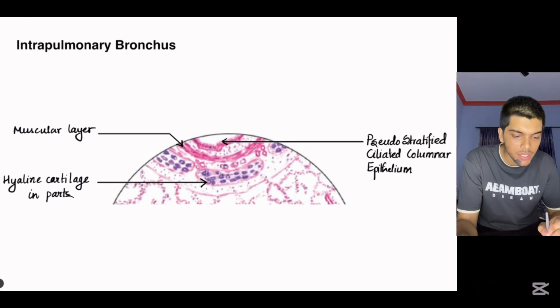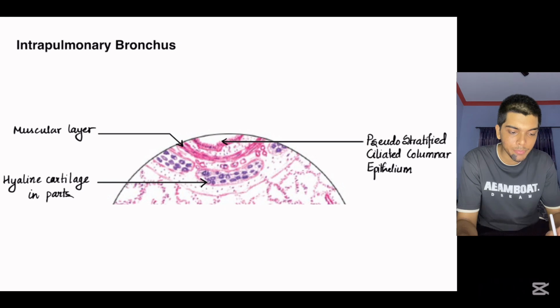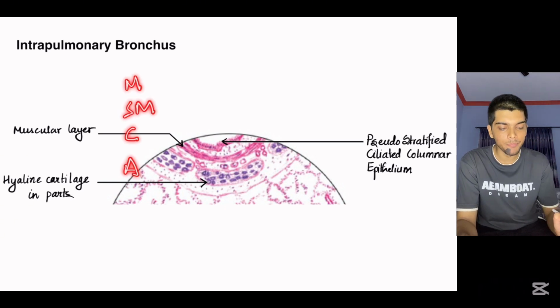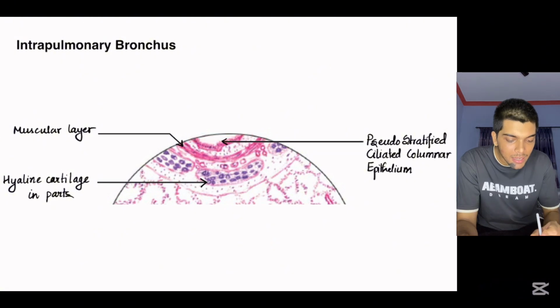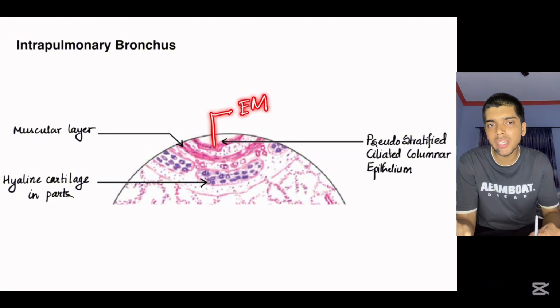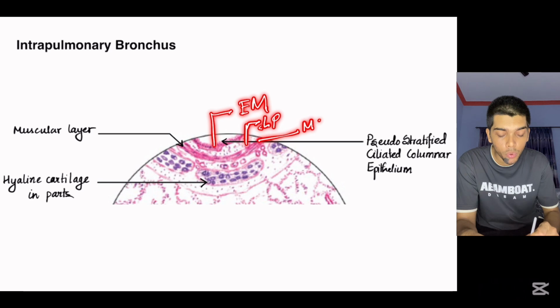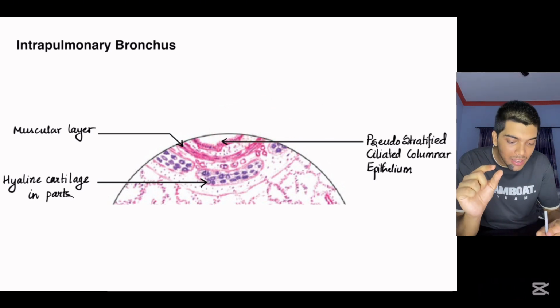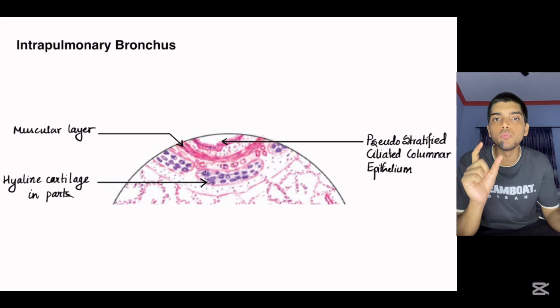Then you have the histology of the bronchus, which also has mucosa, submucosa, cartilage, and adventitia. The mucosa contains the epithelial mucosa, which is again made up of respiratory epithelium or ciliated pseudostratified columnar epithelium, lamina propria, as well as muscularis mucosa. It has an extra layer of muscle, made up of smooth muscle.